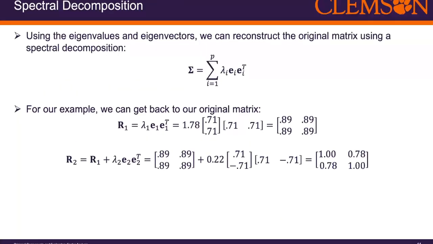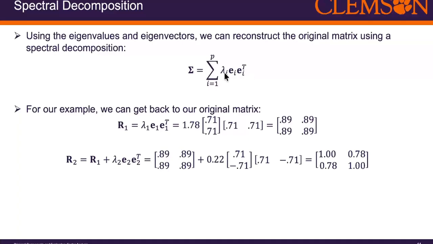Now, from those eigenvalues and eigenvectors, we can actually reconstruct our correlation matrix with a smaller bit of information. So basically, that original matrix sigma is equal to the sum of the eigenvalue times the outer product, or the eigenvector times the eigenvector transposed, summed across each of the eigenvectors that you have.